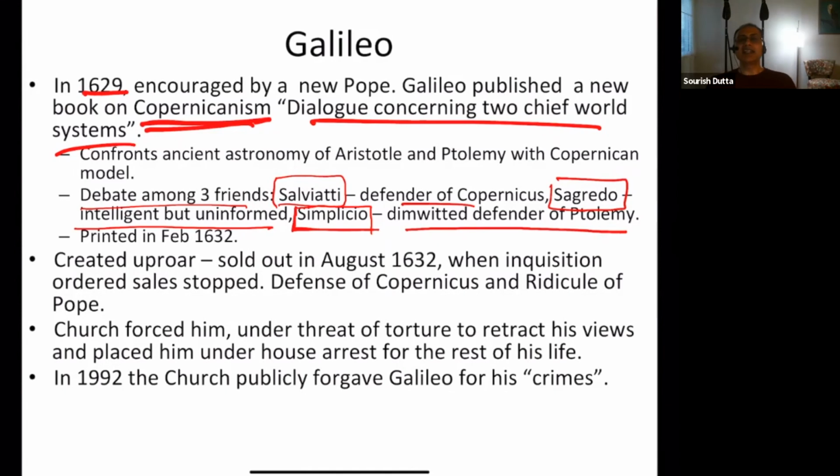Now, I told you that he took permission from the Pope of the time, who was more liberal, in order to publish this book. The Pope said, okay, you can publish this book, but you have to put my personal views in the book as well. And the Pope's personal view, which he required Galileo to incorporate, was that maybe there is all this evidence that Copernicus's ideas are true, but maybe that's just part of the will of God.